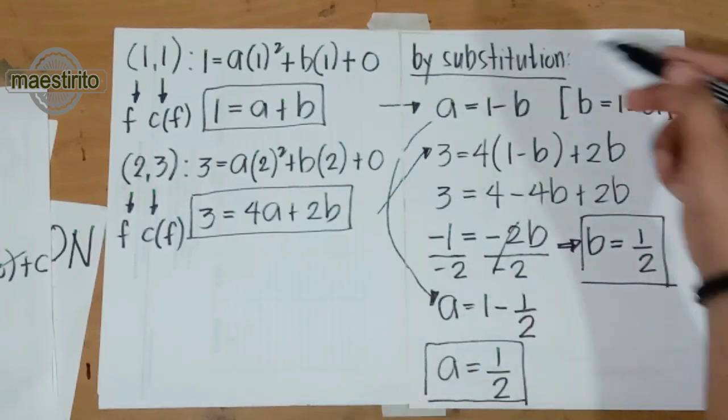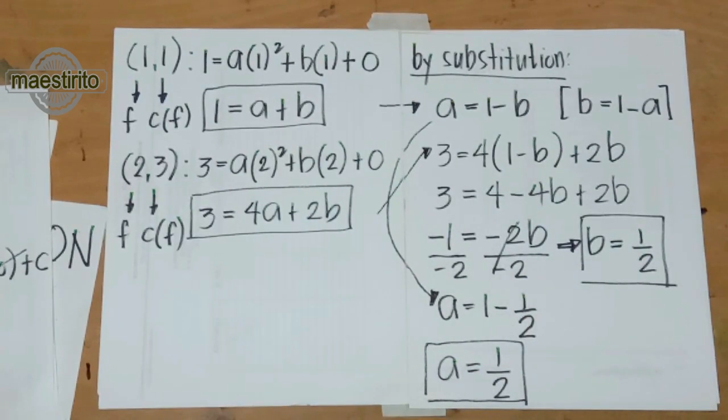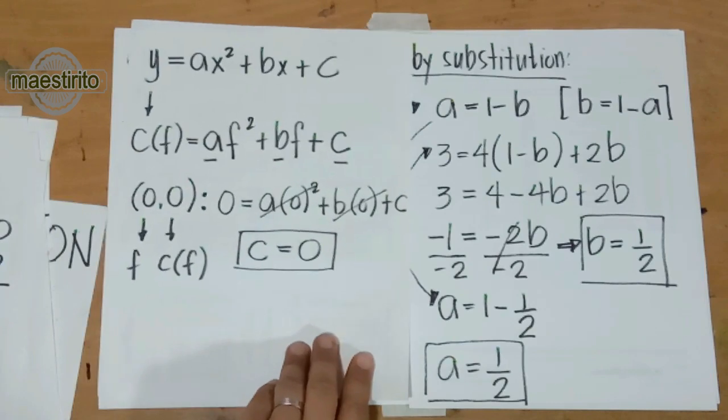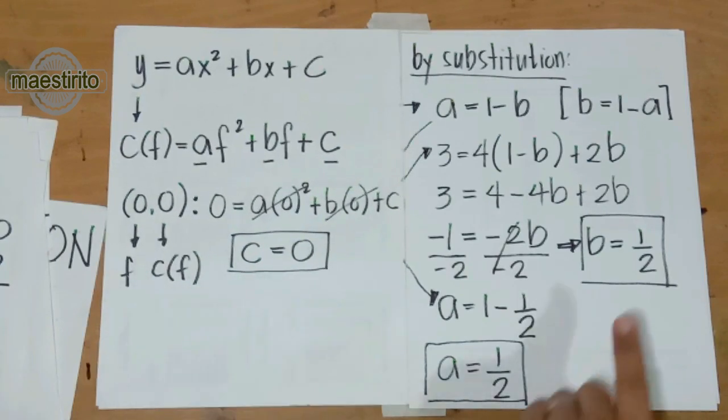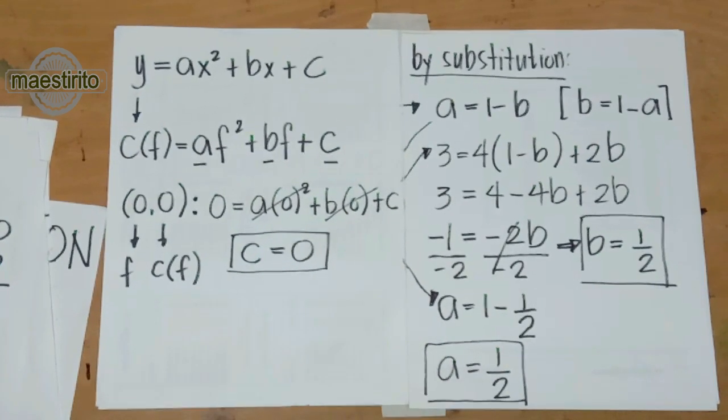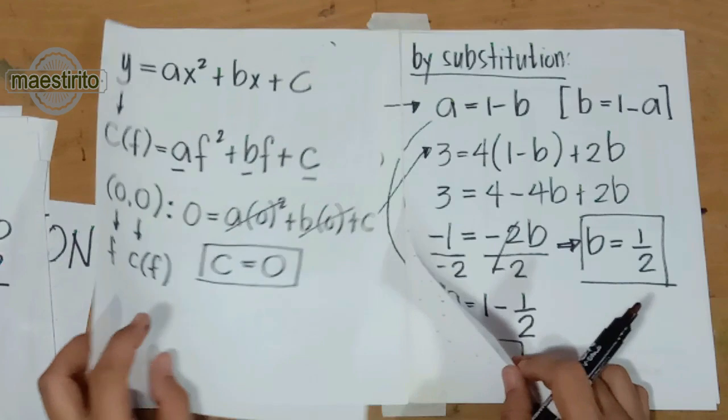So that is by substitution. So we have the A as 1/2, B as 1/2, C is equal to 0. Now let's do the elimination if we will still be getting the same values for these three variables. Okay, so if we will apply elimination, your A should be 1/2 also, B should be 1/2 also, C should be equal to 0. Okay, let me put this aside.